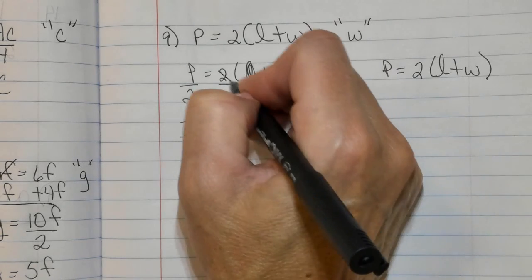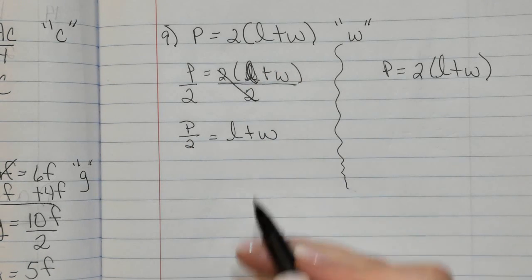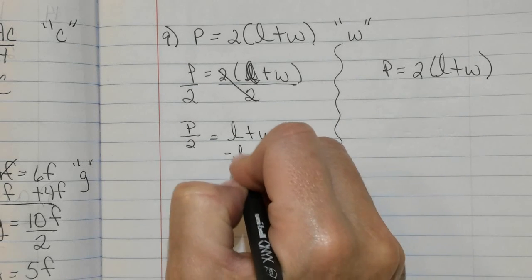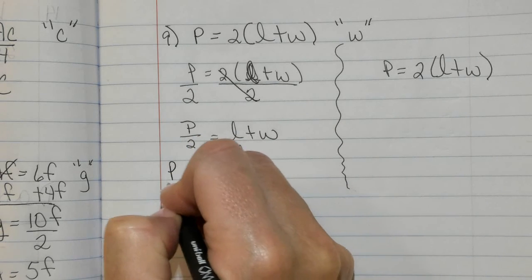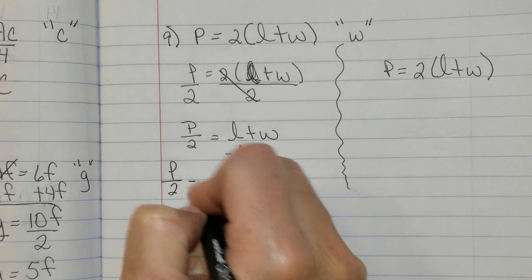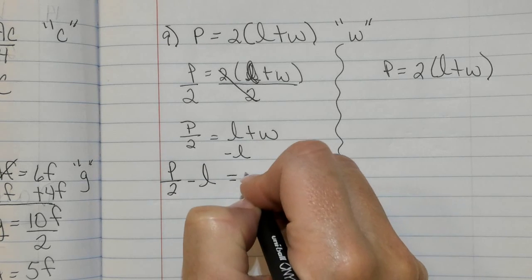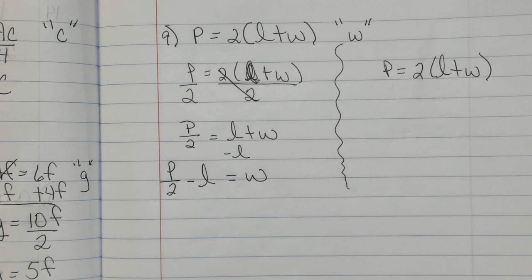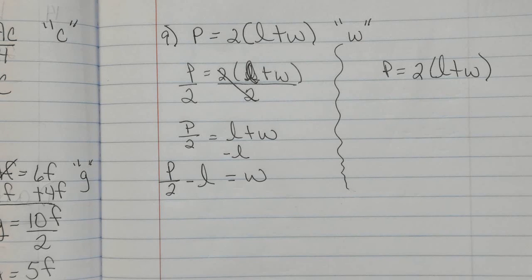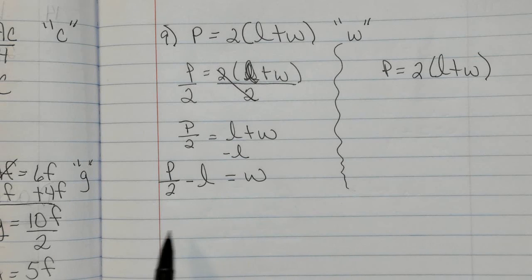And then I subtracted L from both sides. And I got P minus L divided by 2. There you go. Now, did you keep your L separate from your P over 2? Okay, keep it separate, because L's not getting divided by 2, only the P is. Okay? All right, does that make sense?